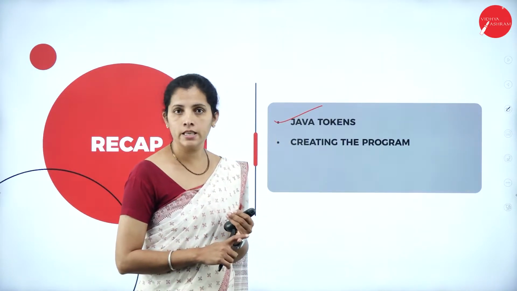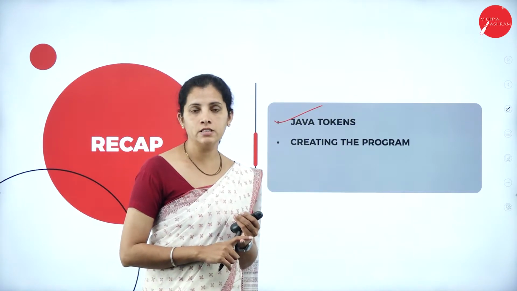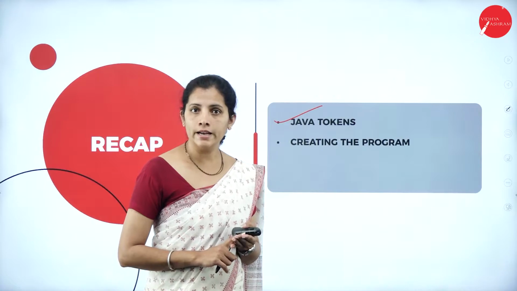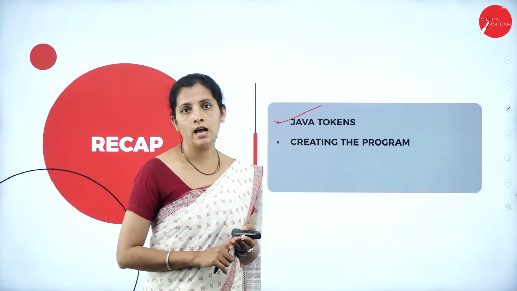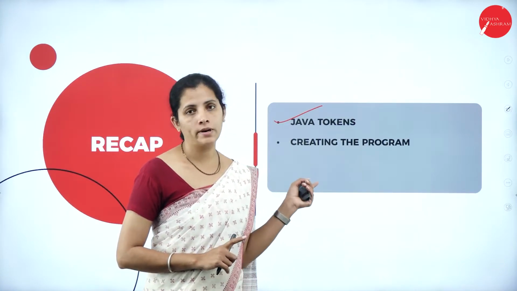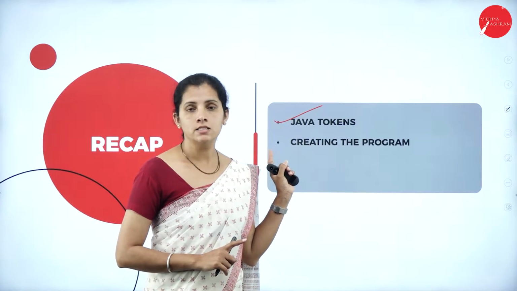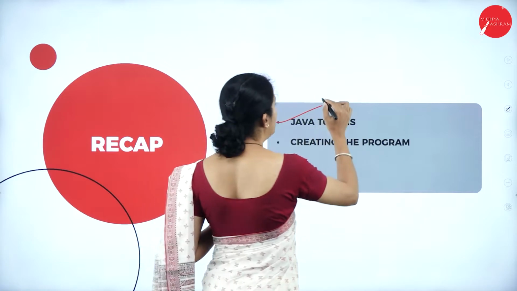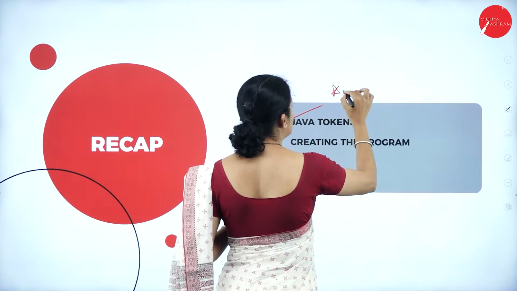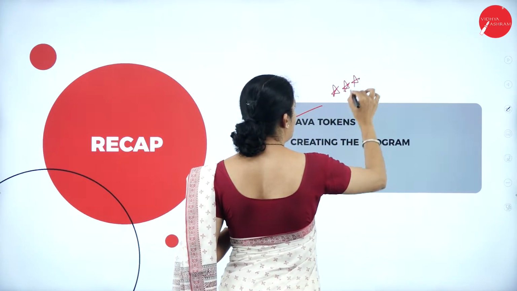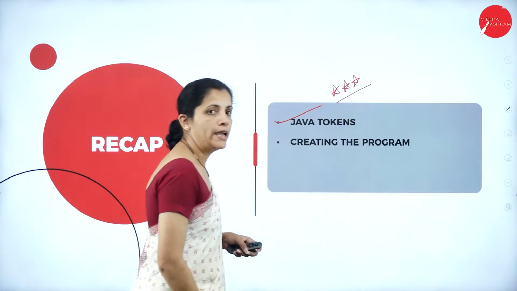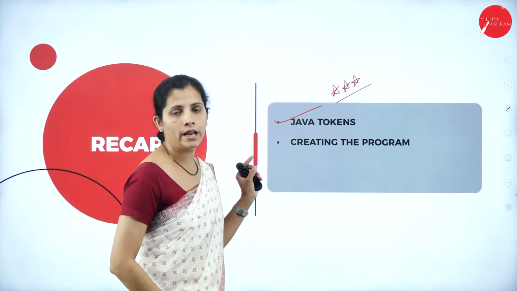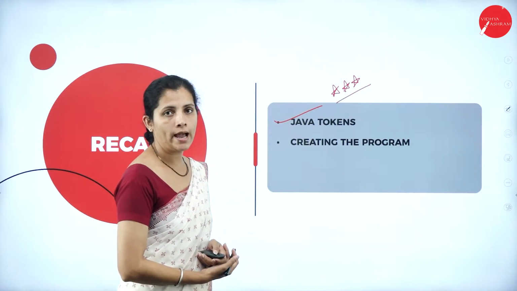That is nothing but keywords or reserved words. Along with that, we discussed literals, identifiers, operators as well as separators. And from the examination point of view, Java tokens are a very important topic. Along with that, I discussed how to create a Java program.